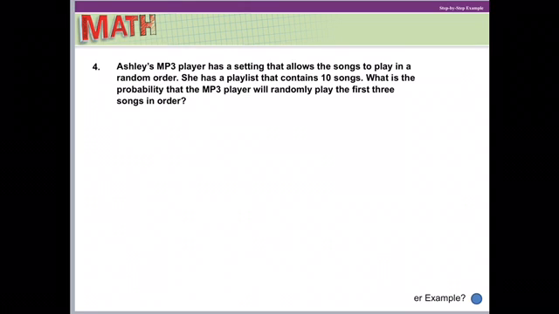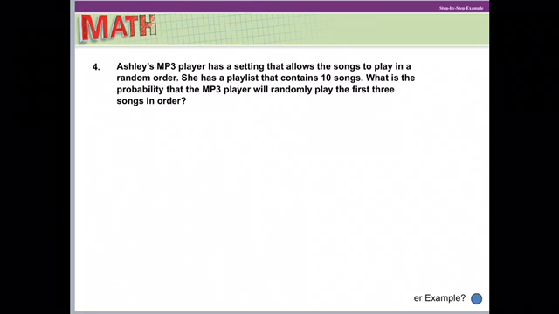So, number 4, which is the last question, Ashley's MP3 player has a setting that allows the songs to play in a random order, so like a shuffle. And an MP3 is kind of like an iPod, and it plays music. So, she has a playlist that contains 10 different songs. What is the probability that the MP3 player will randomly play the first 3 songs in order?